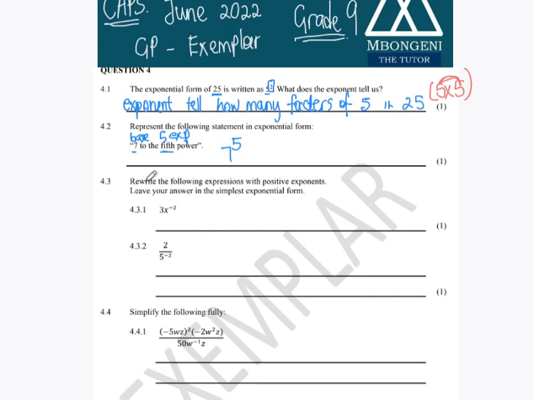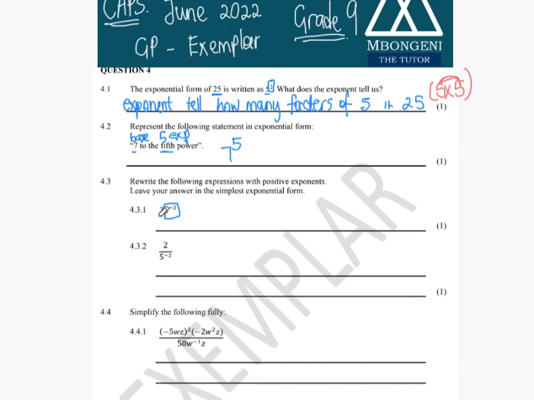And then rewrite the following expressions with positive exponent. Leave your answer in its simplest form. So we have a negative 2 here. We know that this negative will only count for the x.